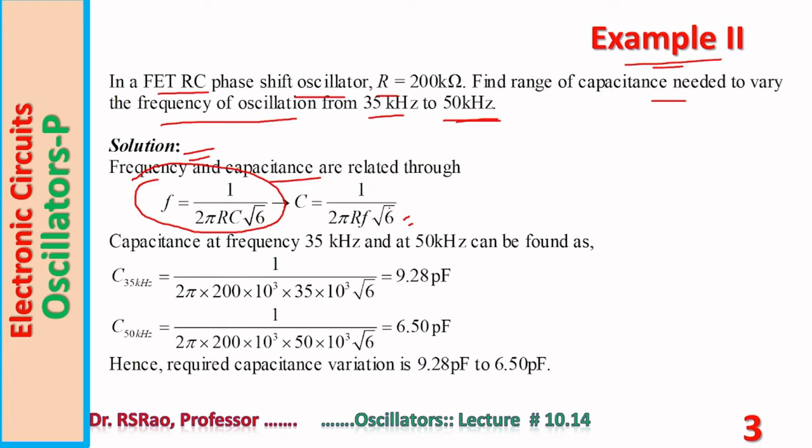Now, capacitance at frequencies 35 kHz and 50 kHz can be found as 9.28 picofarads and 6.50 picofarads. Hence, the required capacitance variation is 9.28 picofarads to 6.50 picofarads. It means a tuning range of 35 kilohertz to 50 kilohertz requires a capacitance variation of 9.28 picofarads to 6.50 picofarads.